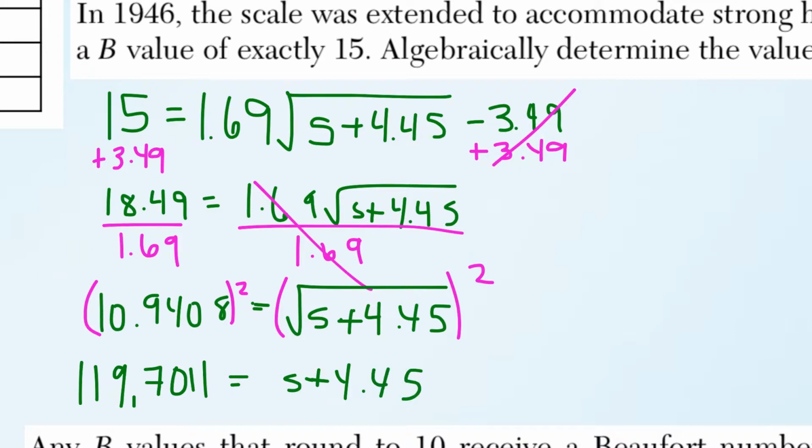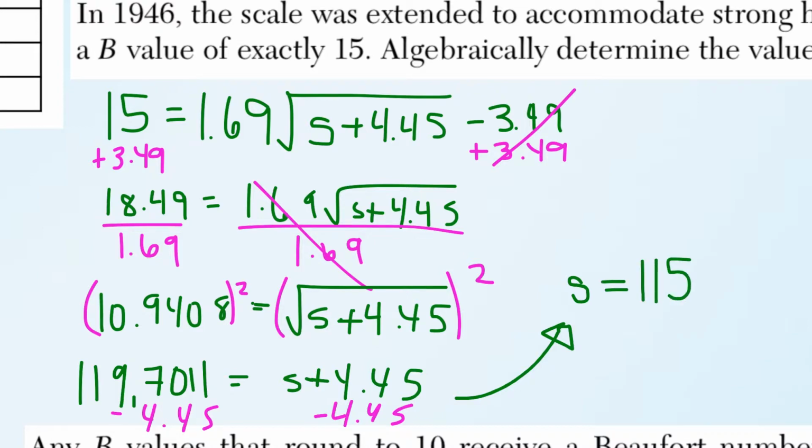All we need to do is subtract that 4.45 from both sides, and we'll have solved for S. And when we subtract 4.45 from 119.7011, we get a solution of 115 miles per hour. And of course, we are rounding that to the nearest whole number.